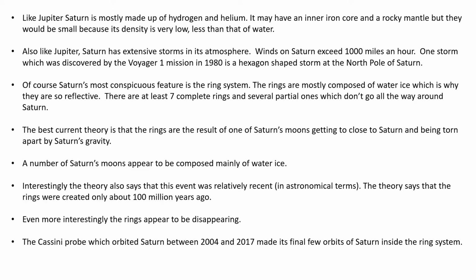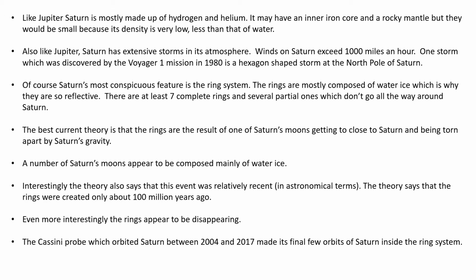Interestingly, the theory also says that this event happened relatively recently in astronomical terms. The theory says that the rings were created about 100 million years ago. So that's back when there were still dinosaurs that the rings actually got created.